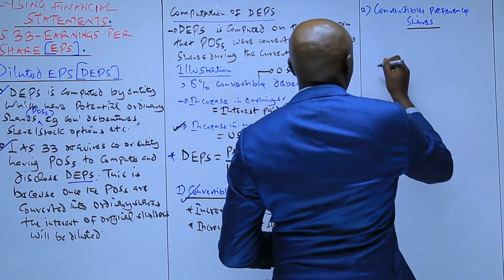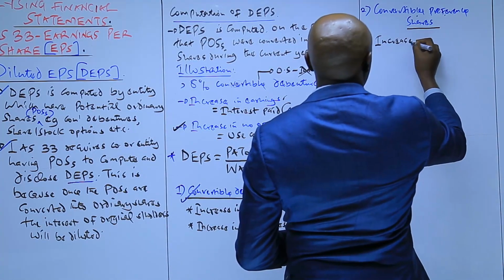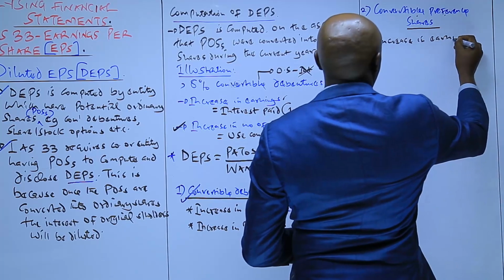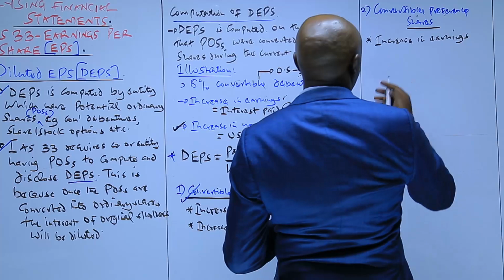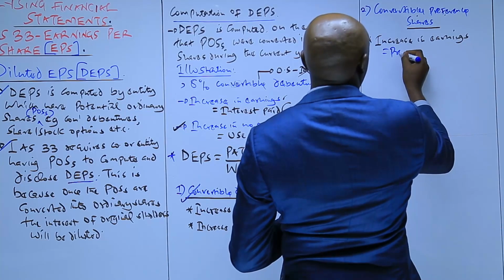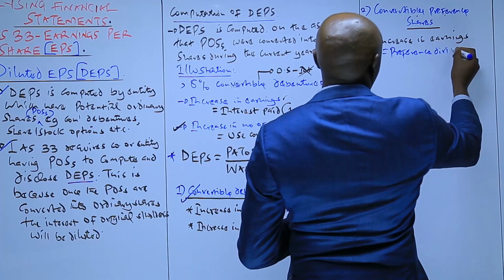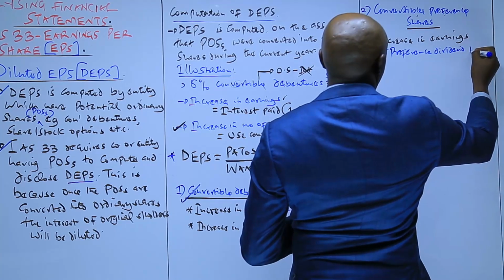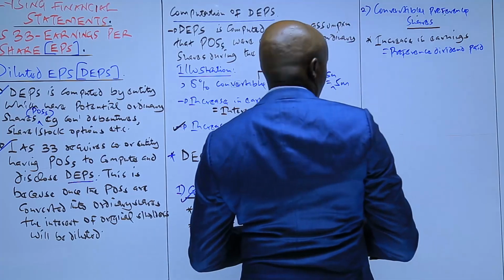You compute number one, the increase in earnings, which here is equal to the preference dividends paid during that year.